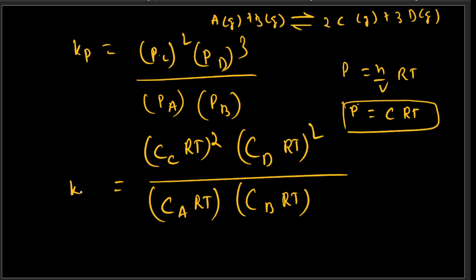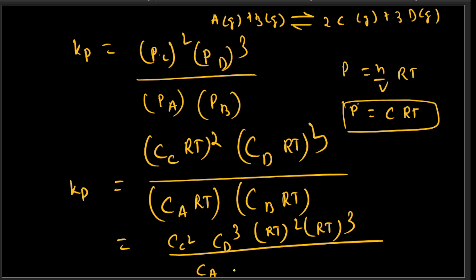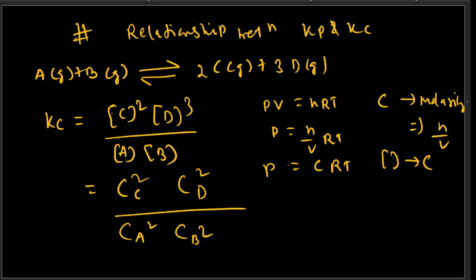So now, C_C squared and C_D cubed, I will take out RT squared and RT cubed, and similarly for C_A and C_B, I will take out RT and RT. So observe that C_C squared, C_D cubed over C_A C_B is equal to Kc.